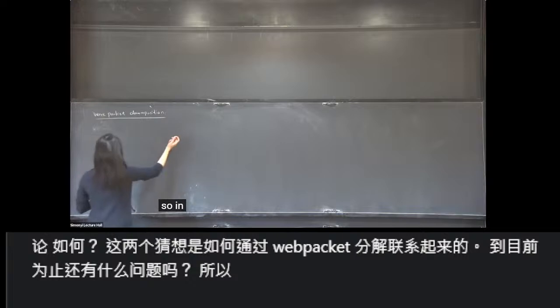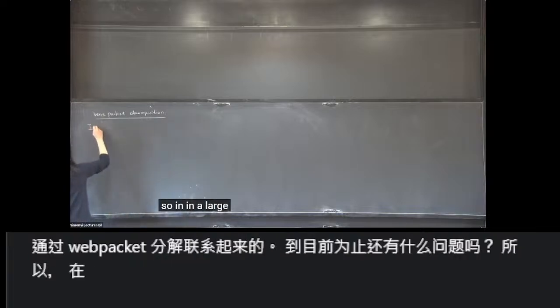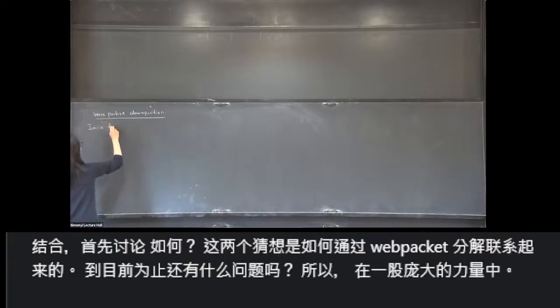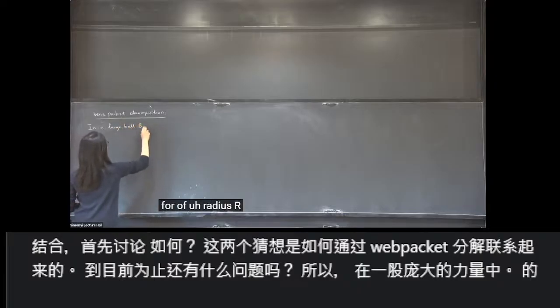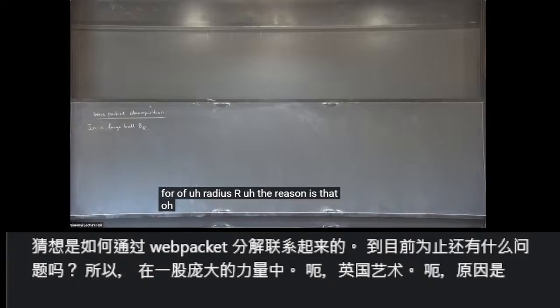So in a large ball of radius R, the reason is that instead of estimating the L^p norm on the whole space, we can ask what is the L^p norm in the large ball and let the radius R go to infinity.